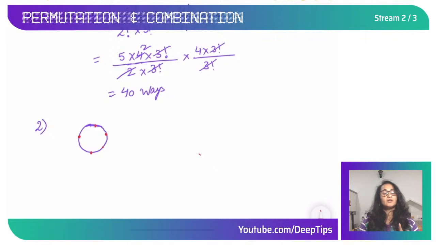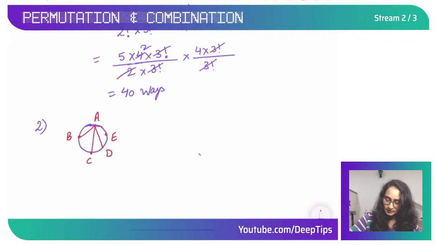Now in this type of question, first of all we should know what a chord is. A chord is a line segment that can be drawn in a circle by joining 2 points. So if these points are marked A, B, C, D and E, I know AB can form a chord, then AC forms another chord, here I have AD, and then I have AE. Now I know BC can also form a chord, CD can form a chord, DE, then BE.